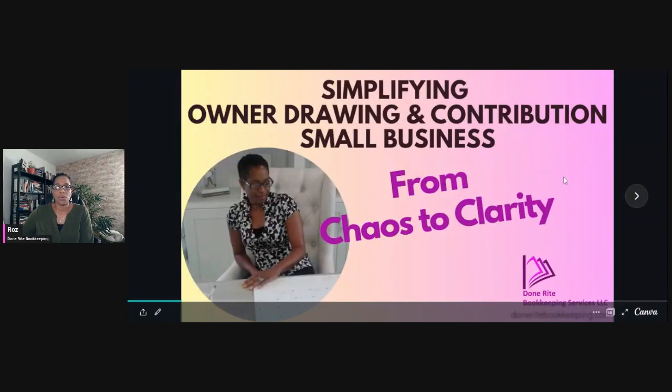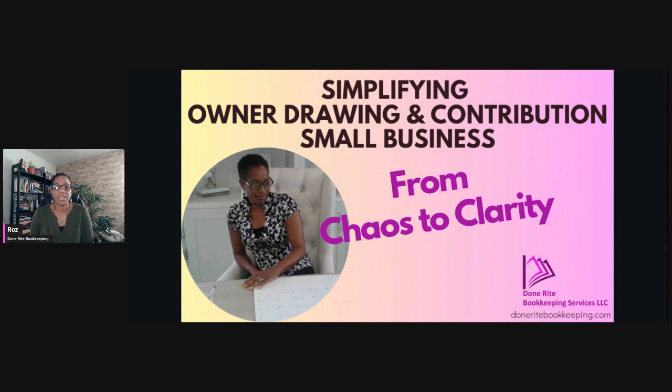So this is basically simplifying owner draw and contribution for small businesses. From chaos to clarity. This is very important to understand, because as you're starting your small business, as you're running your small business, there's going to be times when you need to draw from your small business or contribute to your small business, definitely contributing at the beginning, right?